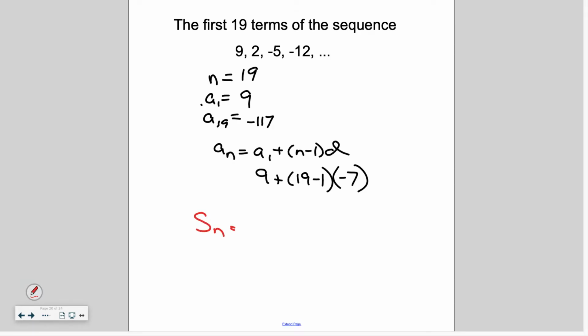You're subtracting 7 each time to get to the next term. So that's your difference.